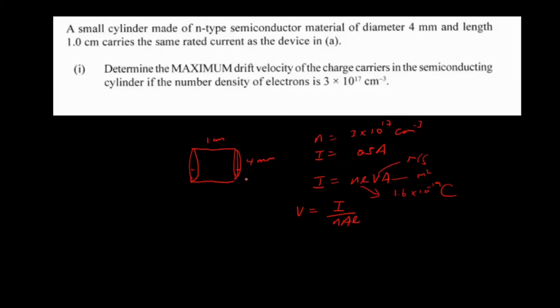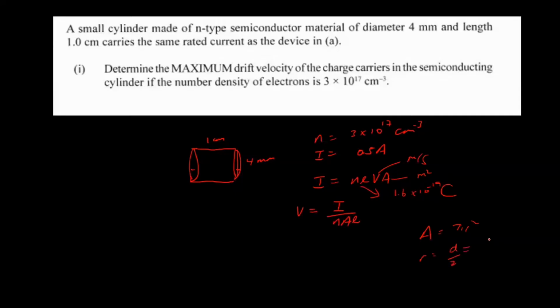We're given the diameter, so we can find the area. Because we're looking at a cylinder, it has a circular area, so the area is going to equal pi r squared.